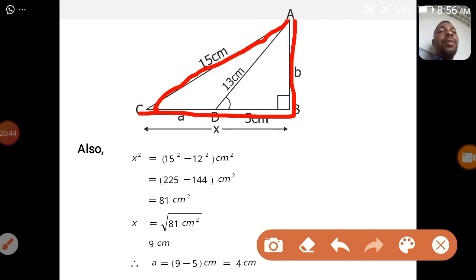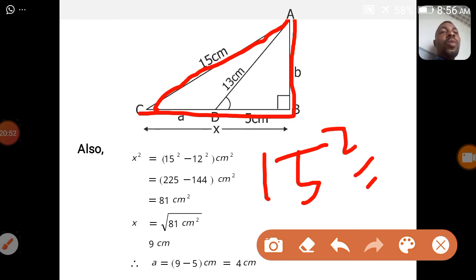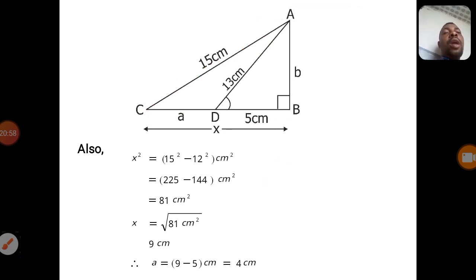So you see that 15 square is equal to what? b square plus x square. When you now make x square the subject of the formula, you have 15 square minus 12 square, and that will give us what? 81 cm square.